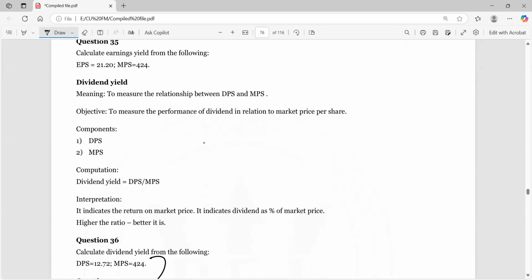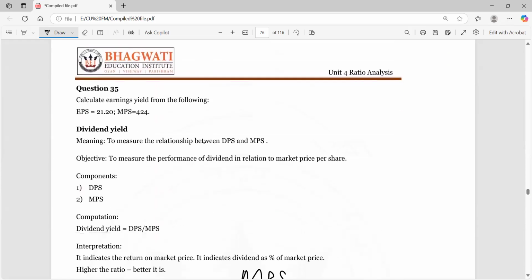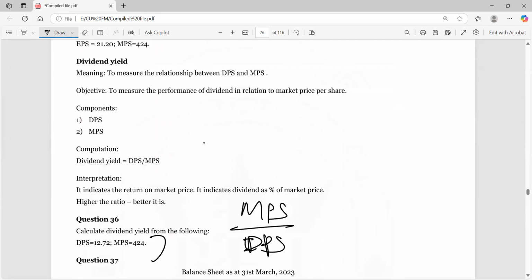There is nothing in this. You know how to calculate dividend yield. What is the dividend yield formula? DPS by MPS. If it is a yield formula, the denominator should always be MPS.